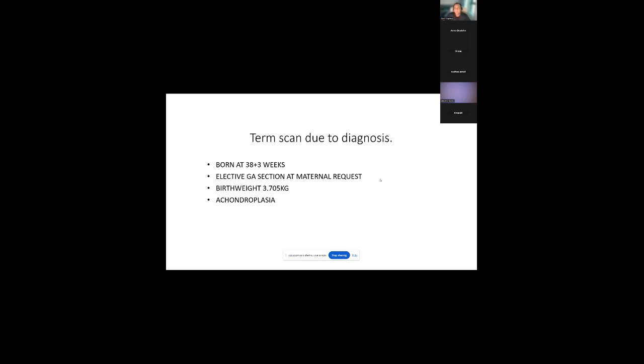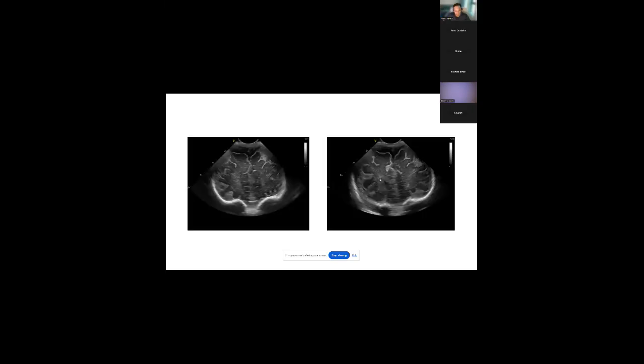His head circumference is around 39 centimetres, so he has quite a big OFC. It was just to show the extra-axial space. The extra-axial space is quite big. Yep. On these two, and obviously you can tell it's a term baby because of the gyri and sulci.